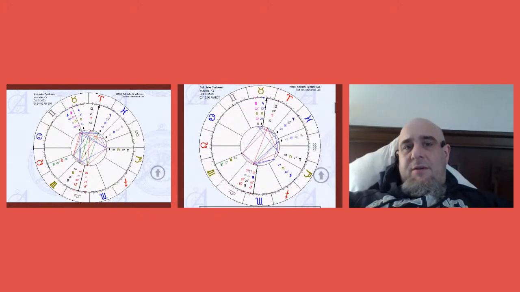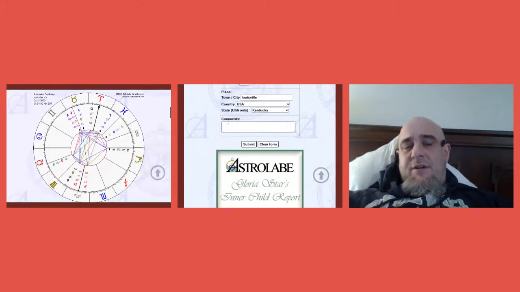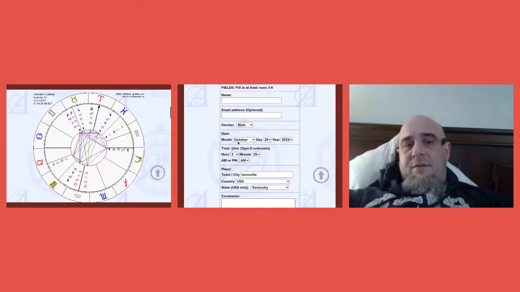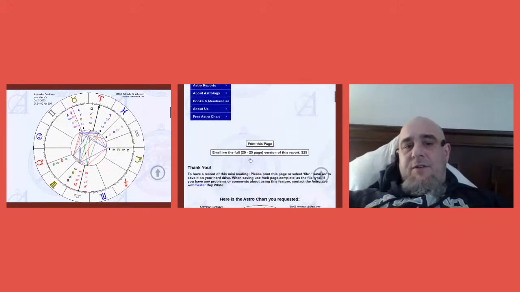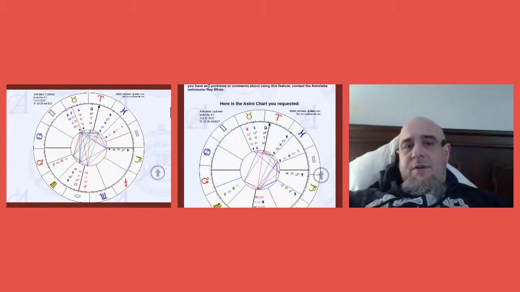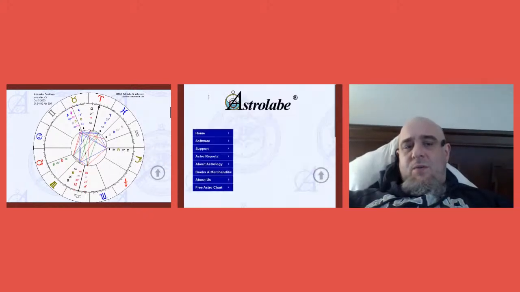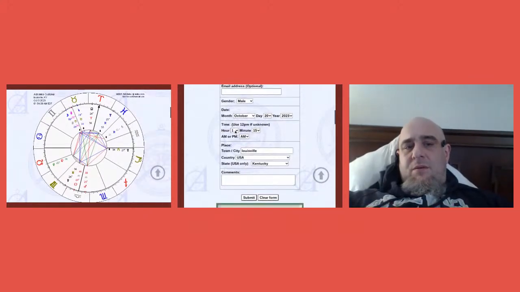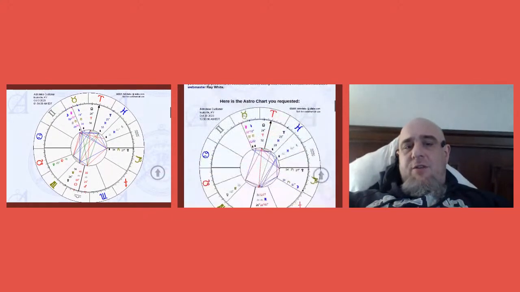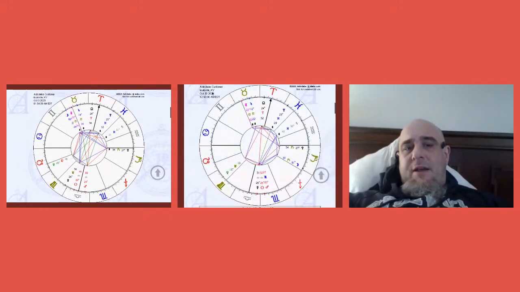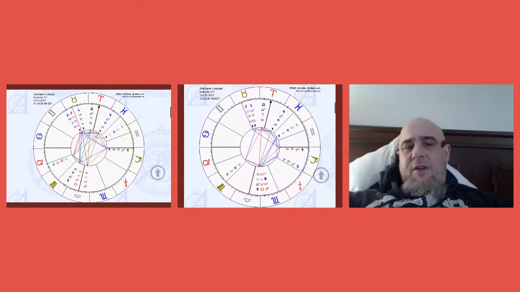I went the wrong direction. Should have gone 1:15 instead of 2:15. I understand you may not be living in Louisville, but I set up the chart for that. So we got 12:50.